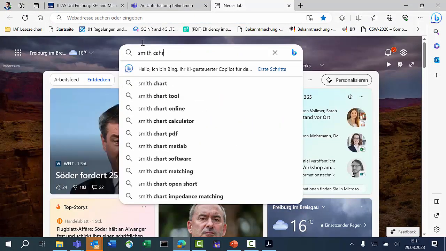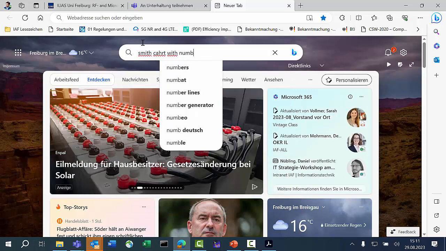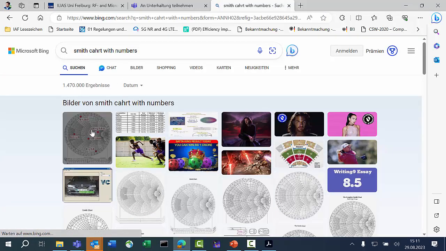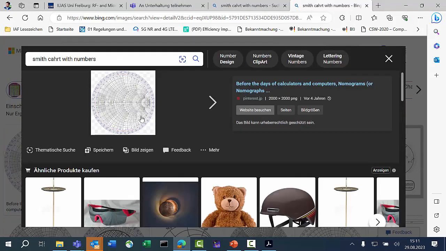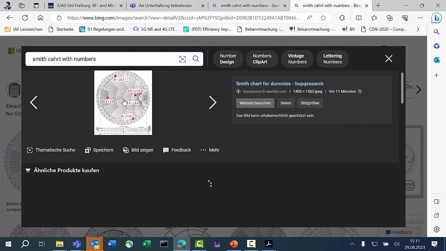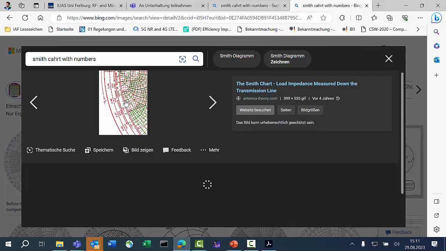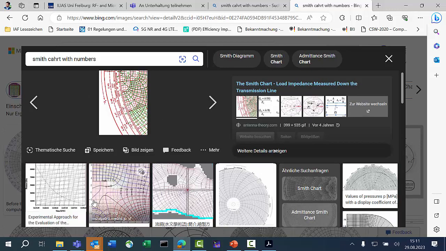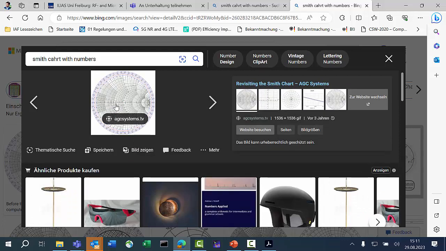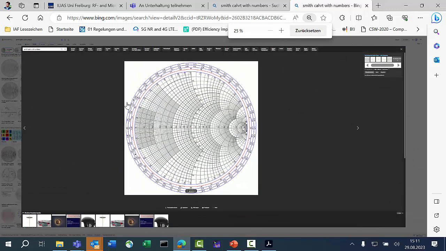Smith chart with numbers. I can enlarge it if it's not clear. I reduced the contents not to confuse you, but I think this helps you now.